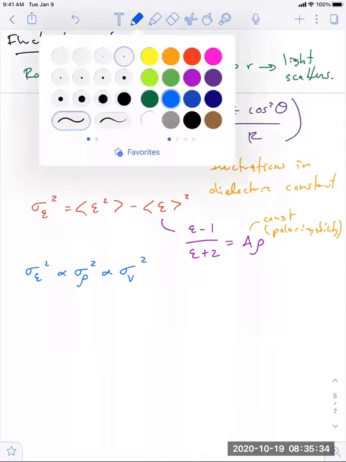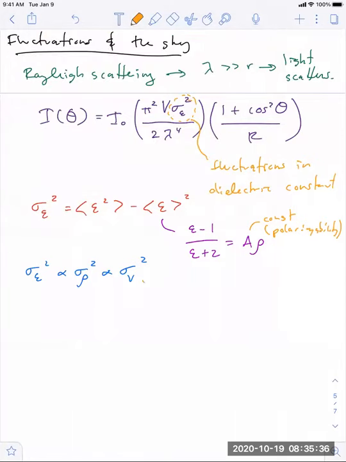And if we remember before, when we're dealing with fluctuations in the volume, that means that this term, isothermal compressibility, is going to come up.